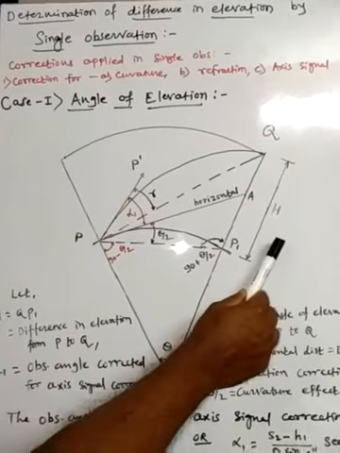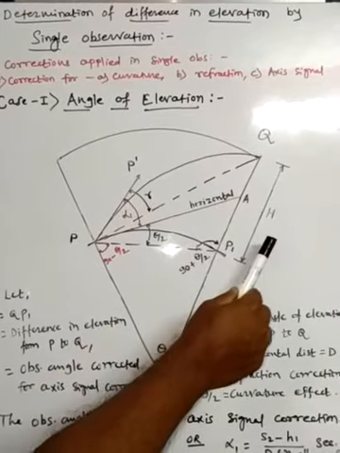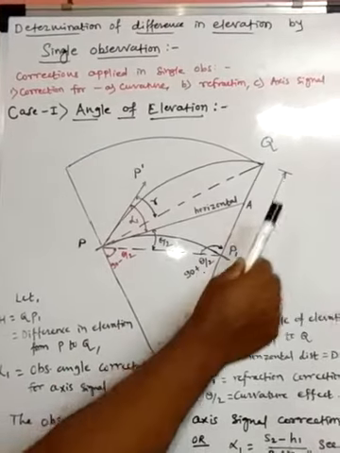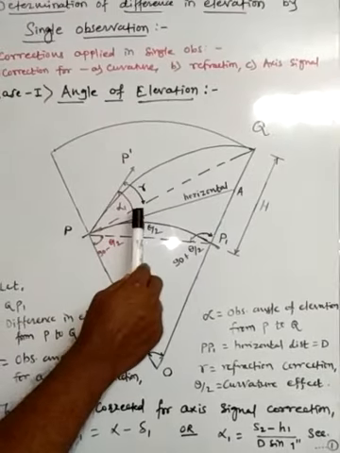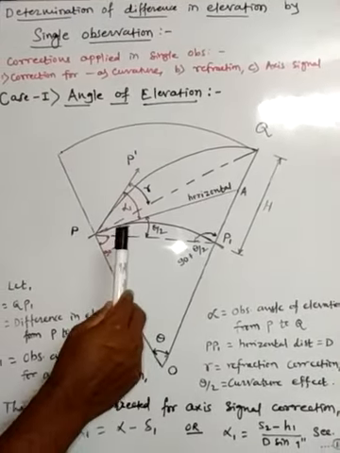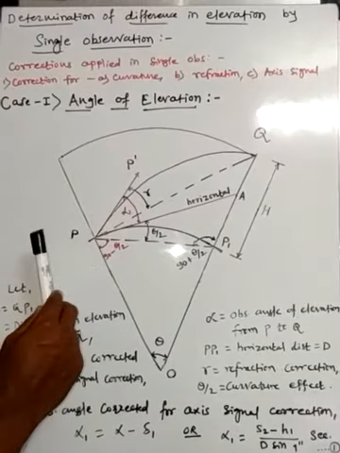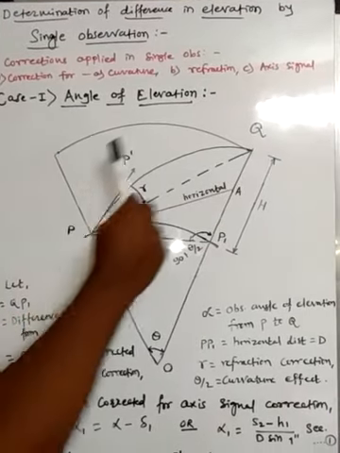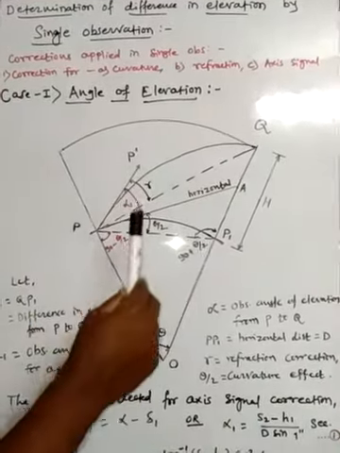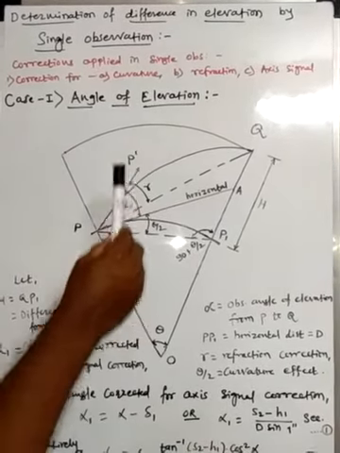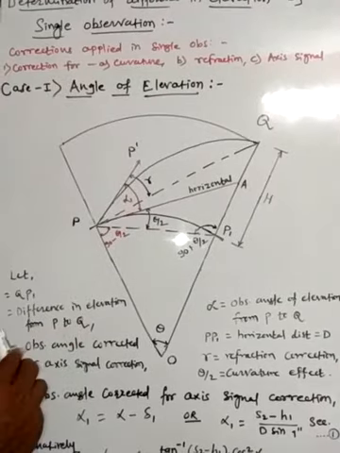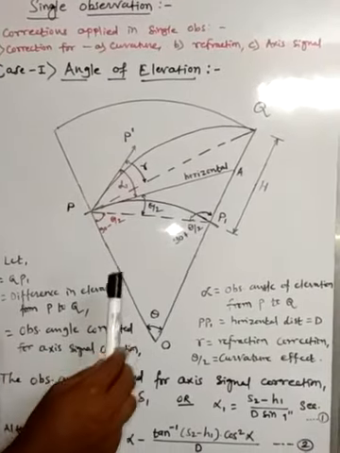H is QP1, the difference in elevation from P to Q. Most important, alpha 1 is the observed angle corrected for axis signal correction. From this terminology we have to find the difference in elevation in single observation for the case of angle of elevation.